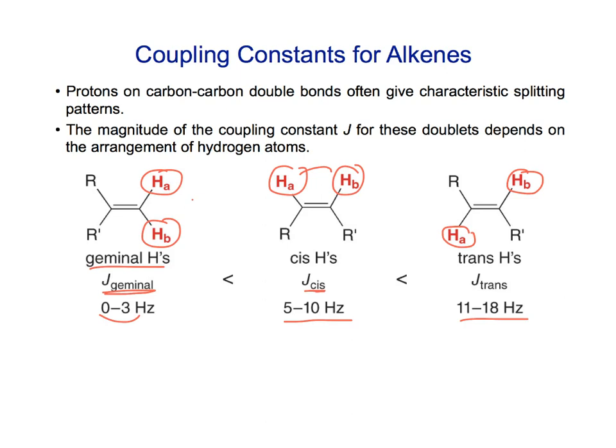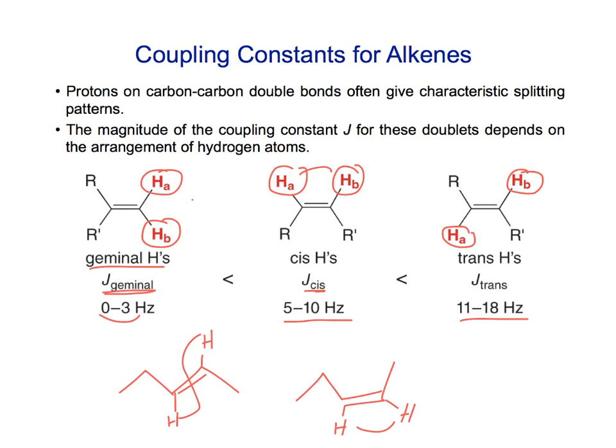So for example, if we had some molecule like this with a trans double bond, or if we didn't know if it was trans or cis, if we could measure the coupling constant, we could tell which of those arrangements or which of those stereoisomers we have. So this is a particularly useful type of situation.